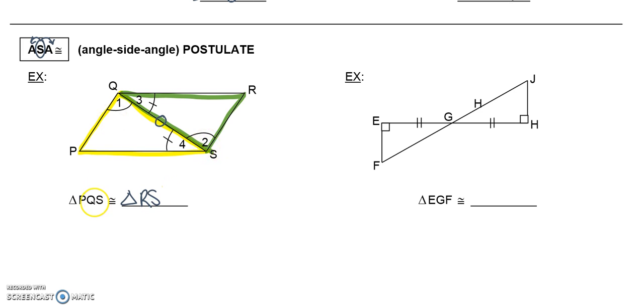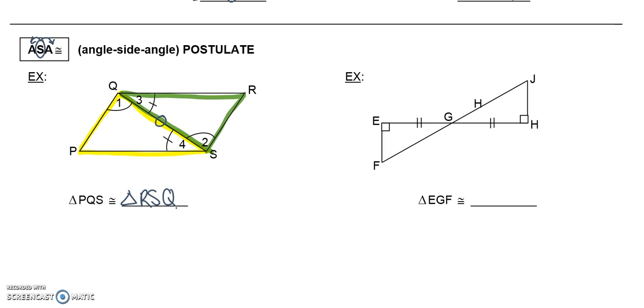And then QS goes from the angle with a single tick mark to the angle with a slash through it, which is Q. That didn't make much sense.